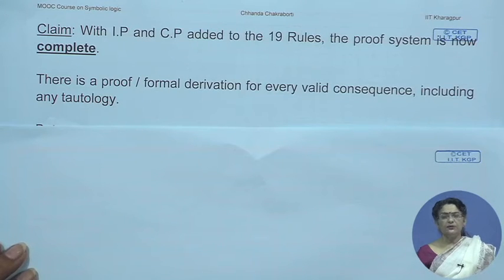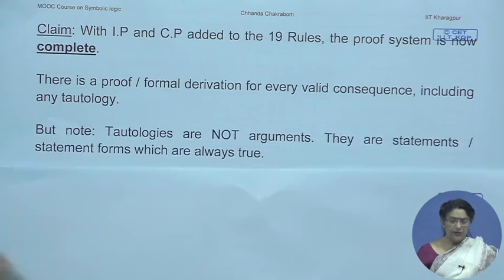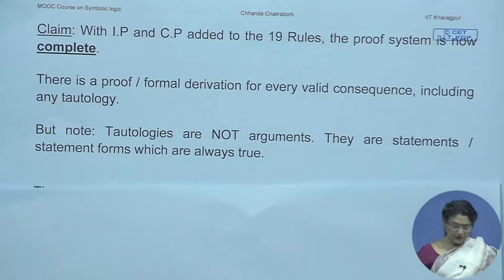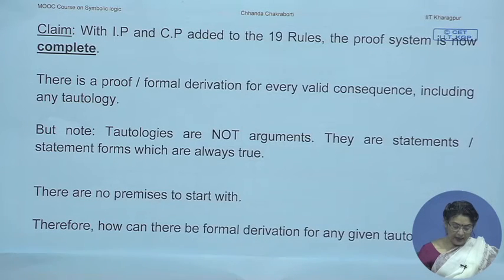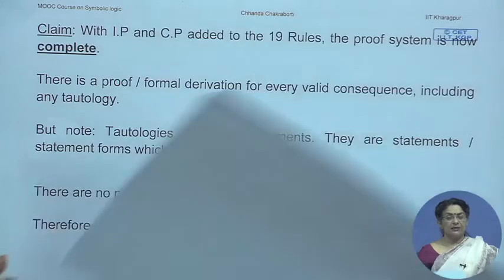Because the formal derivation depends on two components, a premise and a conclusion. But a tautology is not an argument, it is a statement or a statement form whose only allowed truth value is true. So what do you mean by formal derivation of a tautology? No premises to start with, and how do we do formal derivation in that case?